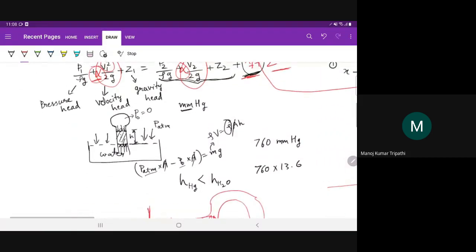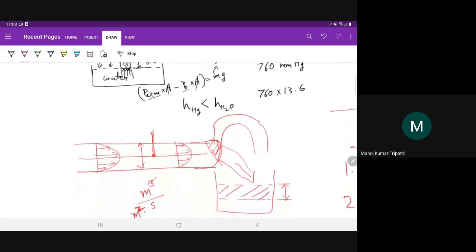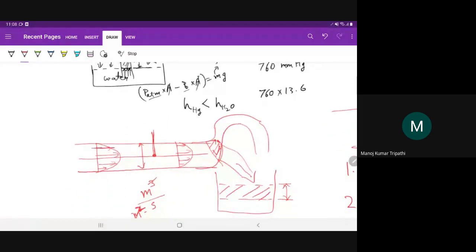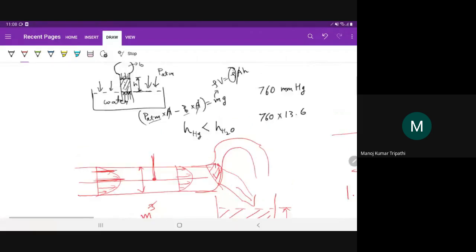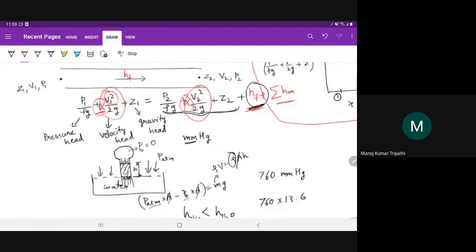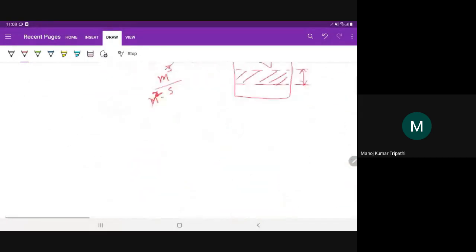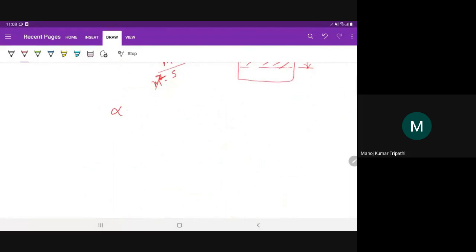For laminar flow, because you can see that the velocity here is very different from velocity here, and the average velocity and the maximum velocity relation also you know for this. So for a cylindrical pipe, this alpha factor that you get, you can derive it also, that you get as 2.